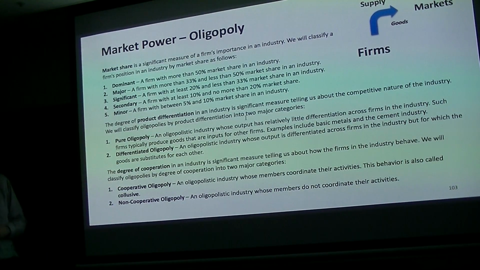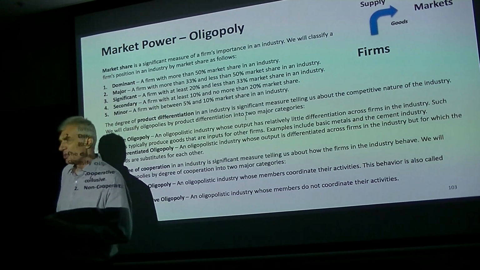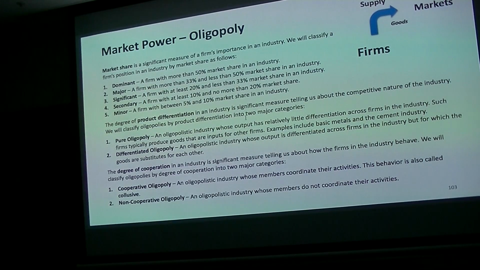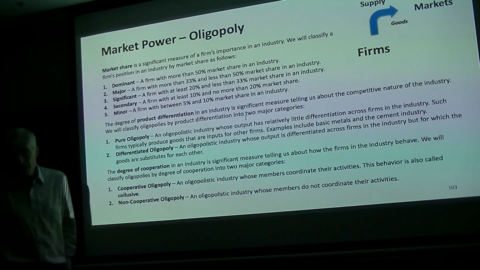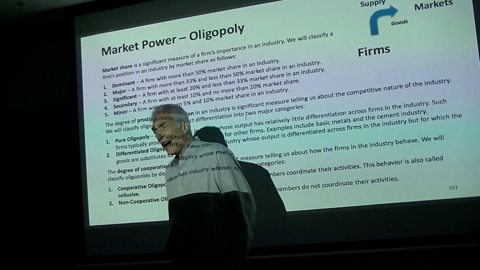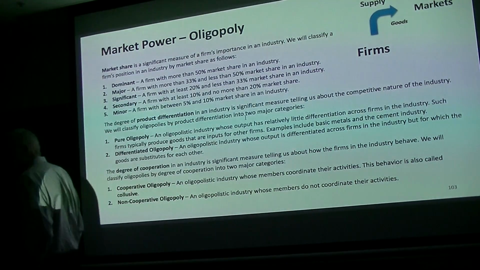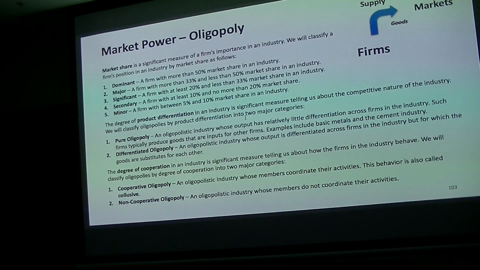Differentiated oligopoly is one whose output is differentiated across firms in the industry, but the goods are substitutes. A great example of that is the handbag. The firms that make handbags are differentiated. There are all different kinds of handbags, but you can substitute the 4 million yen handbag for the Ichiman handbag.